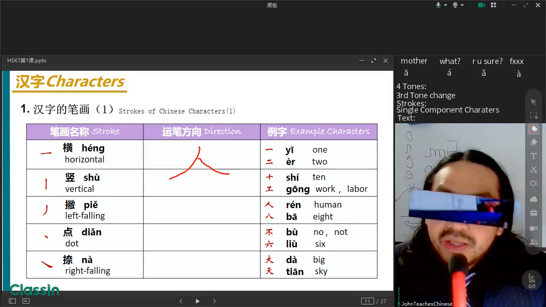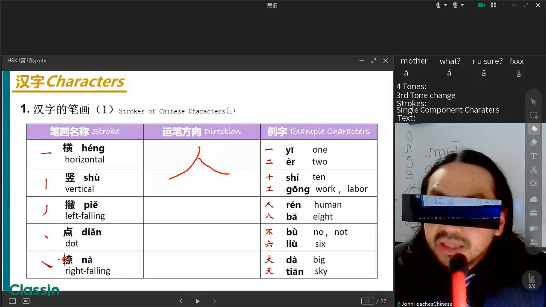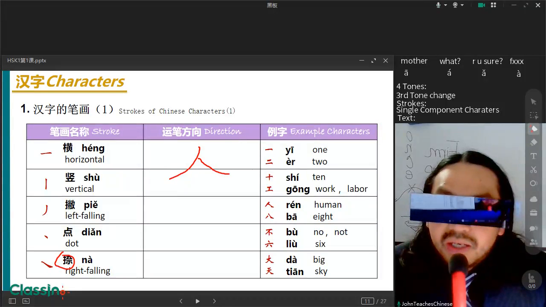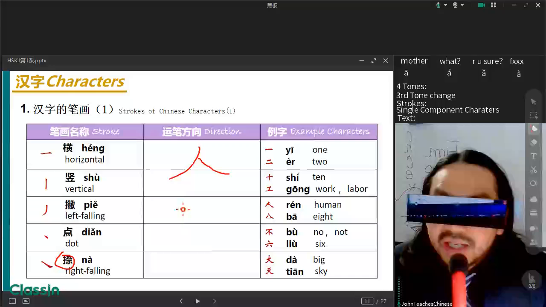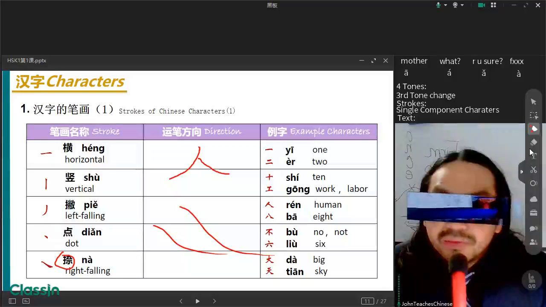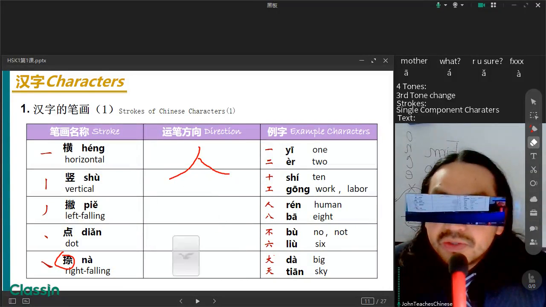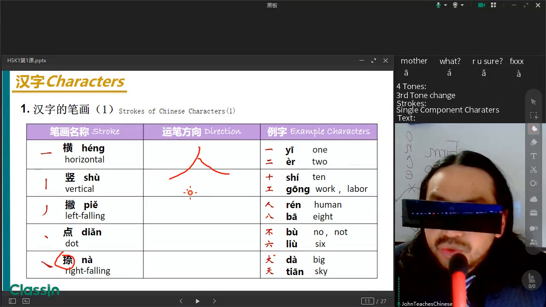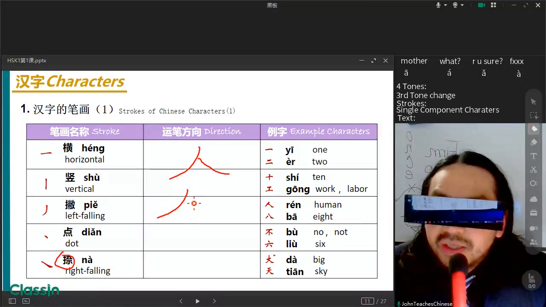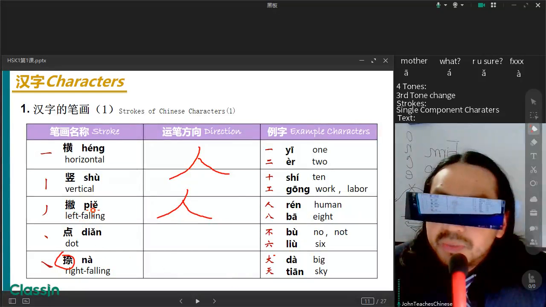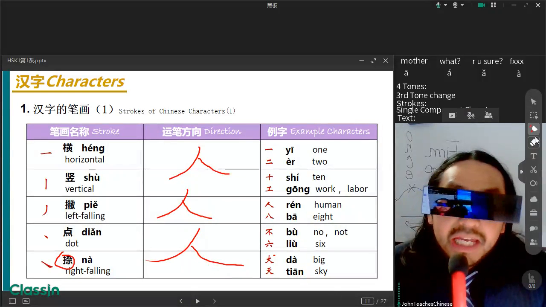And this one is 那. This character generally only means this kind of stroke. It means 那, right falling. So when you see this character here, first you do the left falling, then you do the right falling. 撇, 那.